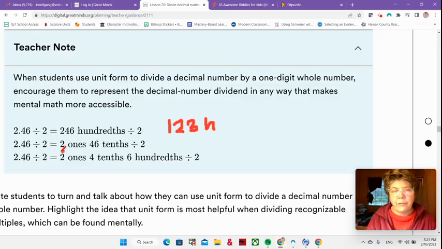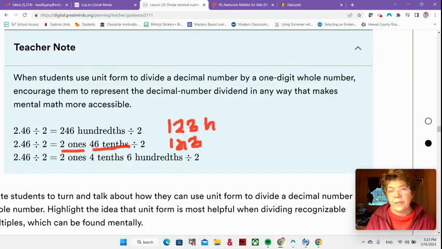But we can write our unit form in a different way. We could write 2 ones and 46 tenths, right? 2 ones and 46 tenths. So 2 divided by 2 is 1, and 46 divided by 2 is also 23, right?